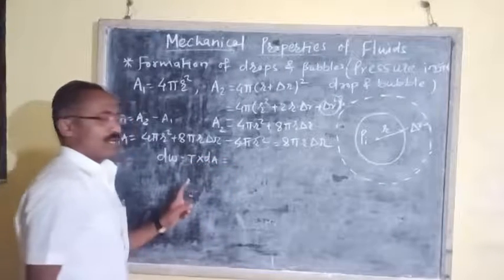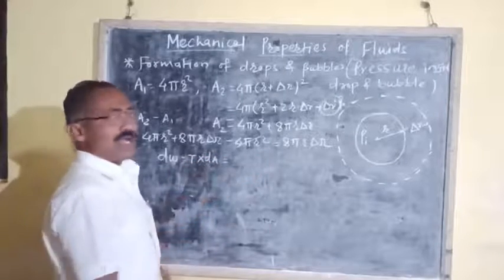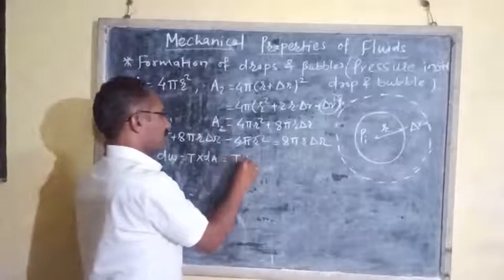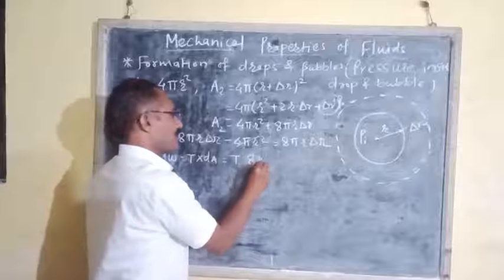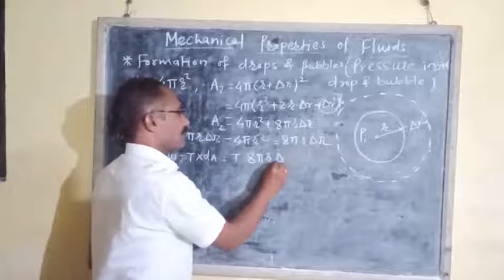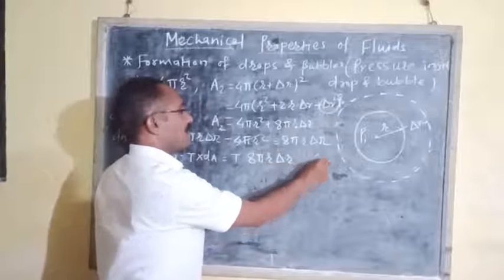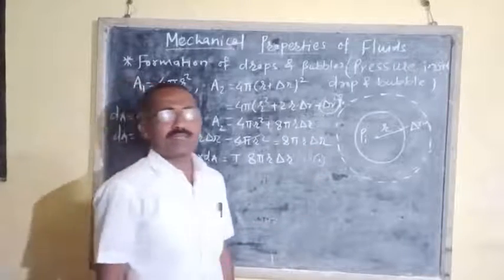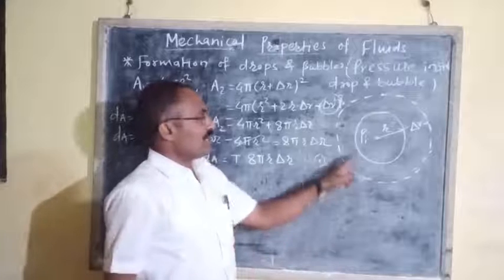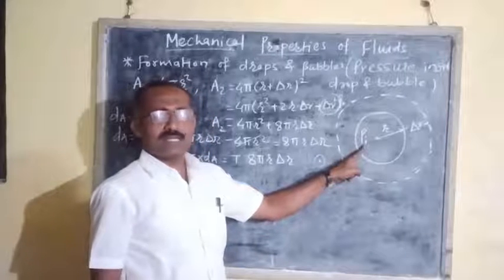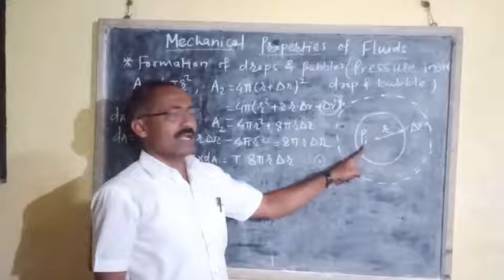It is equal to T into 8 pi r delta r. This is equation number 1.